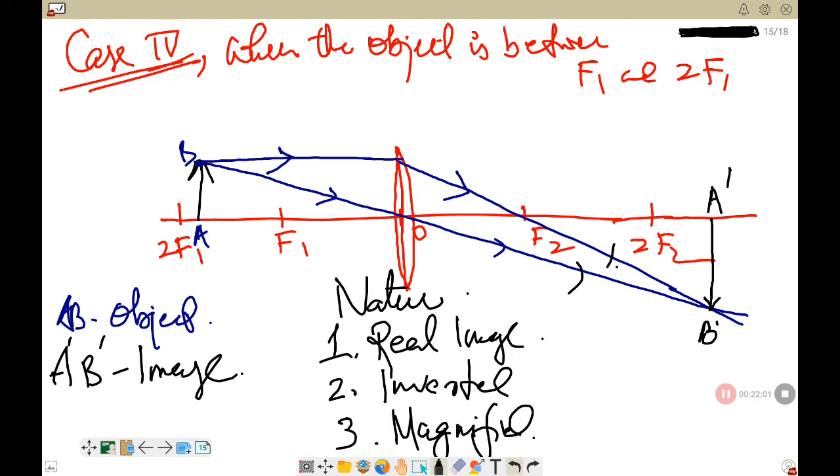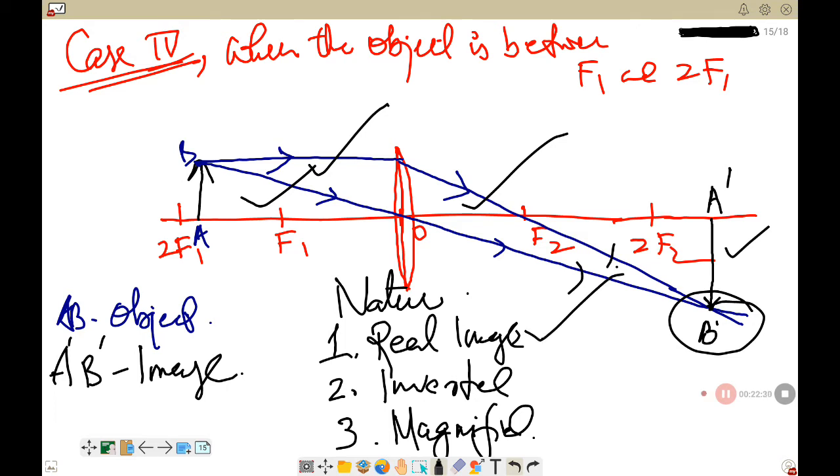Clear? So you just see, every time we are just using the same two rays. A ray parallel to the principal axis after refraction passes through the second focus. Second ray that I'm taking is the ray which is directed towards the optical center. It passes undeviated. Where they intersect, that is the point where my image will be formed. Now image is formed by the actual intersection of the refracted rays, so it's real.